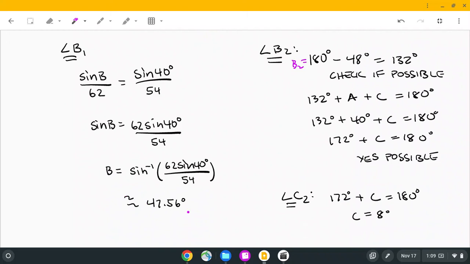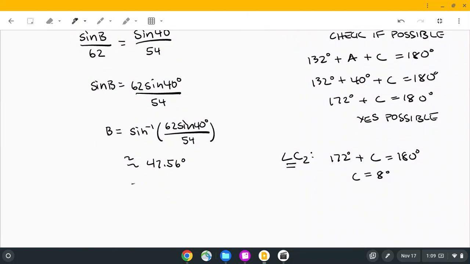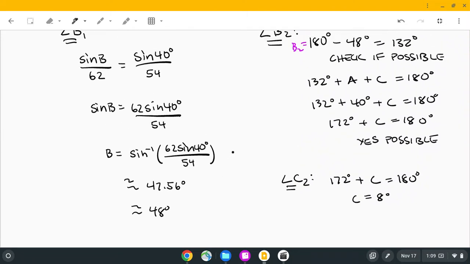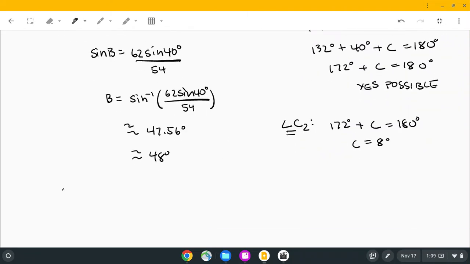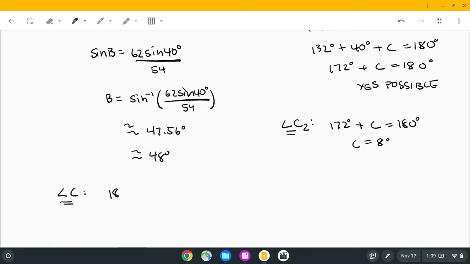Let's go ahead and get the angle C from over here for triangle 1. Okay, so we're going with 48, right? So 48 plus 40, so angle C is going to be 180 minus 48 and minus 40, right?